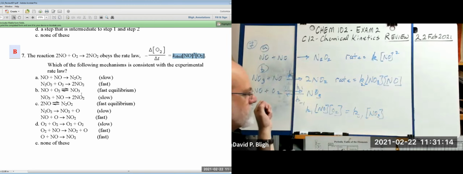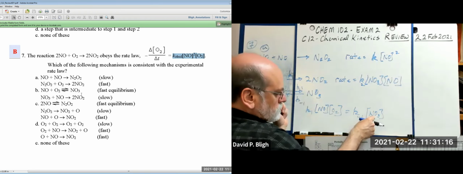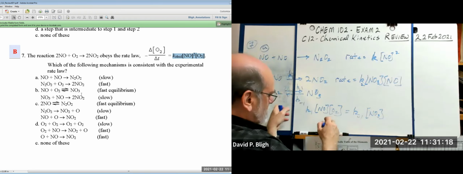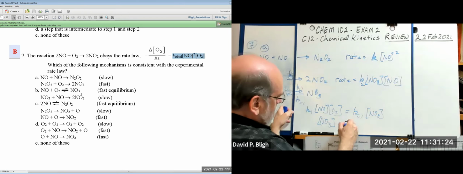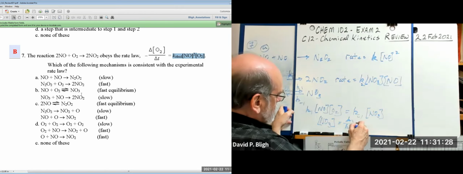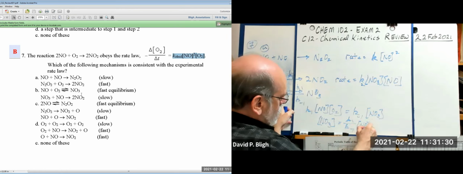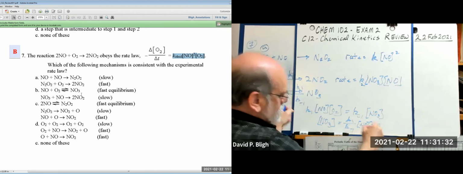Okay. So we just need to solve for that one, right? NO3 is equal to K1 over K minus 1 times NO and O2.